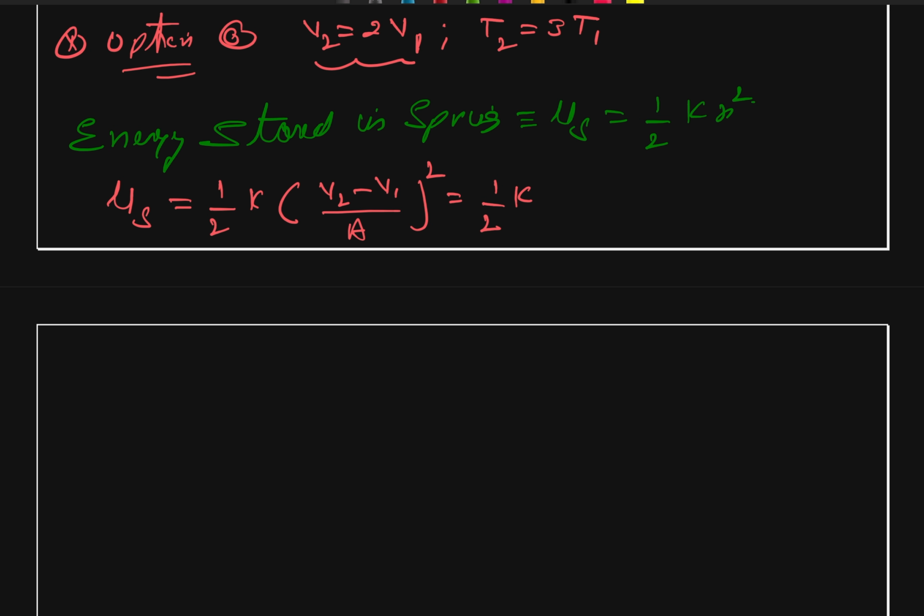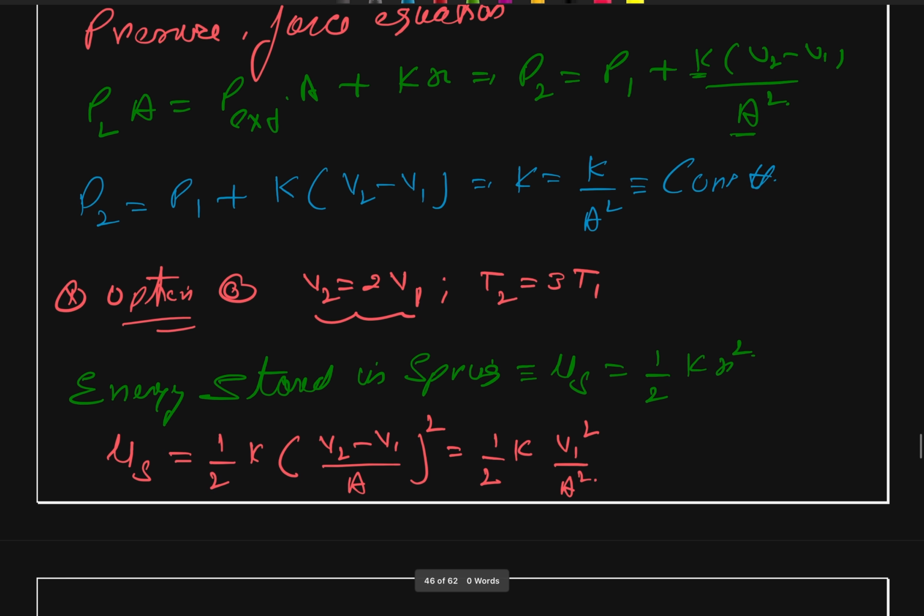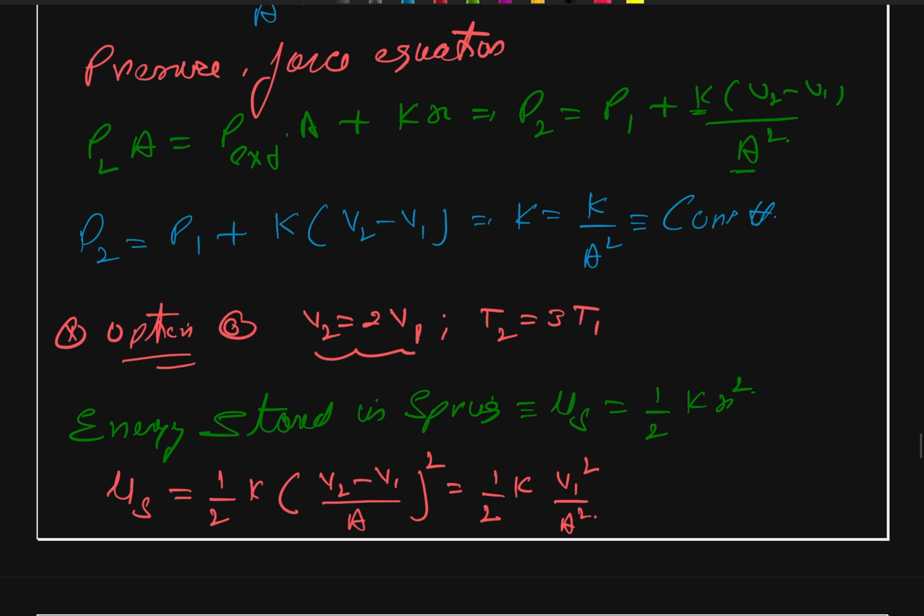K V1 square upon A square. Okay, and let me differentiate it, because here it will be a little bit difficult. So let me call this constant K prime.